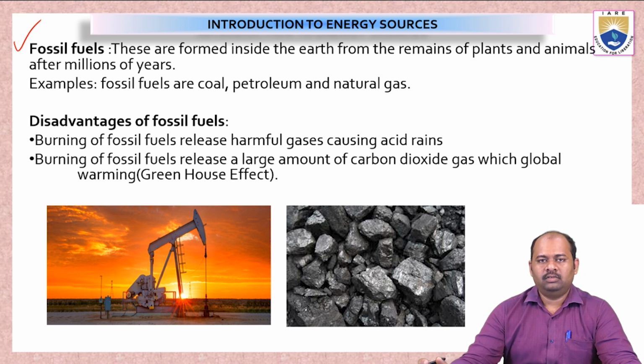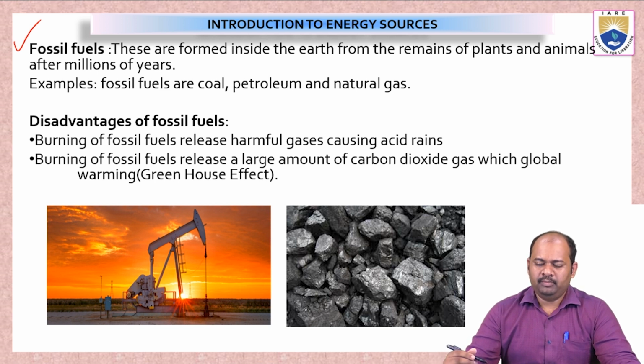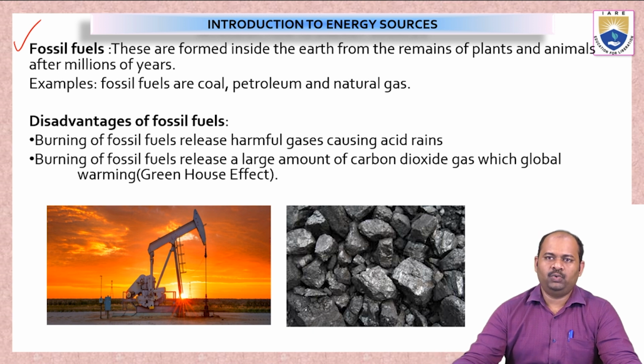So these fossil fuels are the fuels which are formed inside the earth from the remains of plants and animals after millions of years of storage or burial under the ground. Millions of years ago, the trees and plants died one day and were buried under the earth by nature, and after millions of years, they converted into coal.